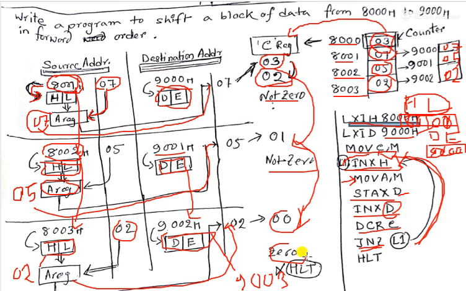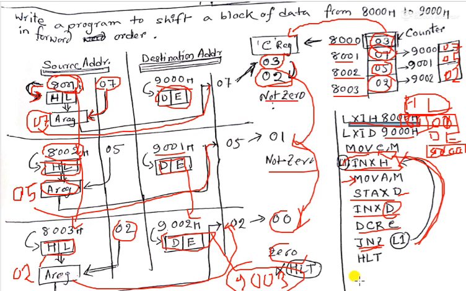So according to the program, our three values 07, 05, 02 are moved to 9000, 9001 and 9002 locations. In this way, we can move a block of data depending on the counter value. Whatever is written in the counter value, that number of data is moved to the destination address location. Okay. So this is one program.